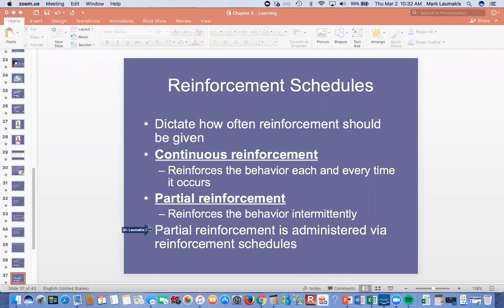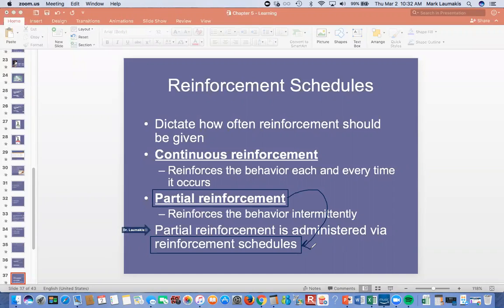Well, the deal is that partial reinforcement is going to be administered via these things that we know as reinforcement schedules. Okay, so if you want to do this partial reinforcement work, the way in which you do it is you administer that partial reinforcement with a reinforcement schedule.